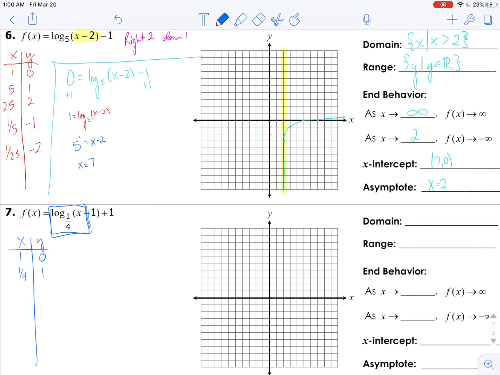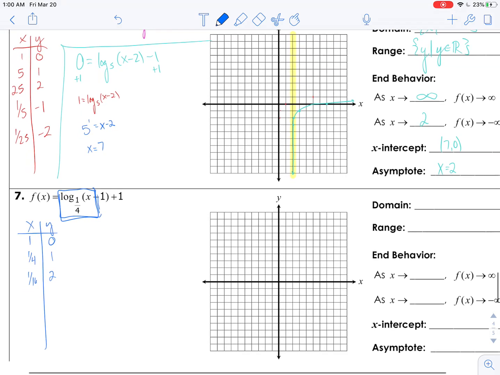Anything to the 0 power gets me 1. 1/4 to the first power gets me 1/4. 1/4 to the second power gets me 1/16, because 4 squared is 16. And now let's flip our fraction. So 4 over 1. 1/4 to what power gets me 4 over 1? Well, if I flip my fraction, it's negative. 4 to the first is 4. And then we could do the same thing here with 16.